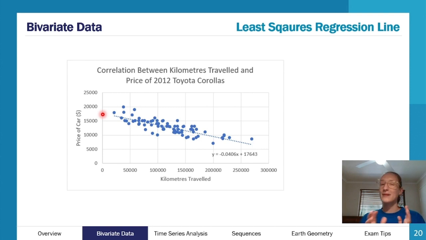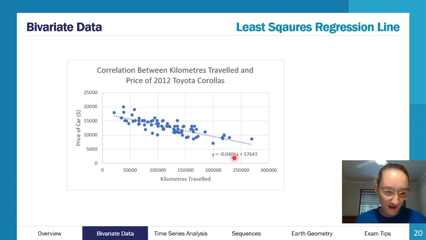But again, extrapolation isn't always super reliable for a lot of reasons, which we're going to touch on a little bit later. And then we can also see that for every 1 unit increase, so for every extra kilometer the car travels, the price of the car is dropping by about 4 cents. So that's how I'd interpret this here. Well, that could be 0.04 cents.